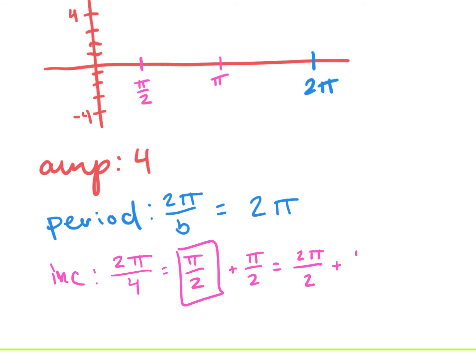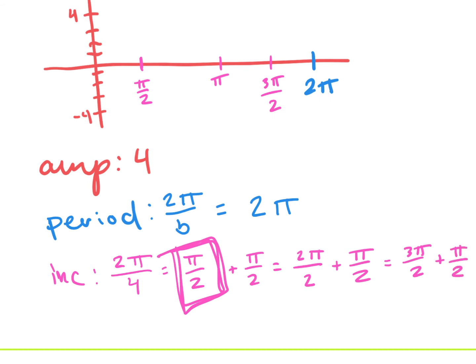And then we add another pi over 2 to it. What do we get? 3 pi over 2. And then we can add another pi over 2 to it, and we get 2 pi, which is where we stop.